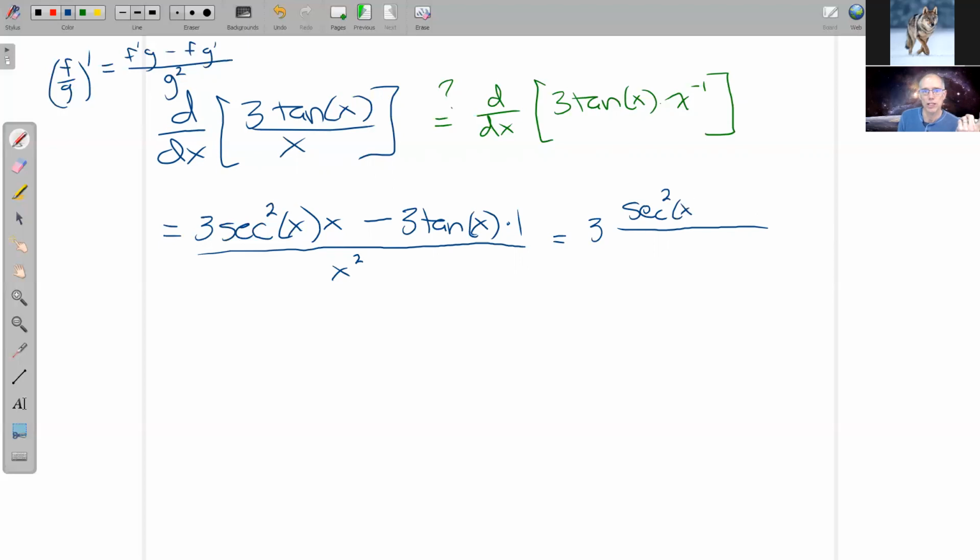Secant squared of x times x. Maybe I'll write the x in front there. So then I have a minus the tangent of x. And this x times the secant squared means trig identities aren't going to be able to do much to combine in some way the secant with the tangent.